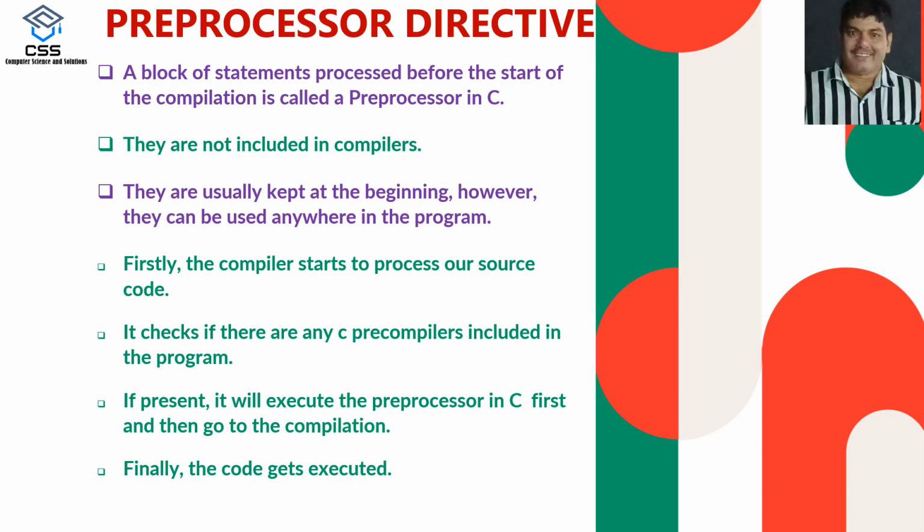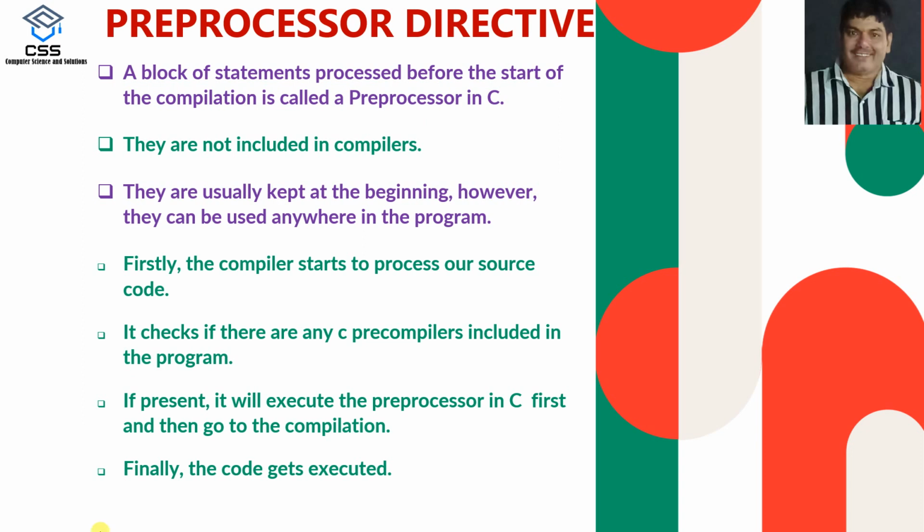Again, before the compiler reads the main function's curly bracket, it reads those statements which are defined before the main function. Most often all preprocessor directives start with a hash symbol, which tells the compiler to read this statement first, then read the rest of the block of statements written within the main function.